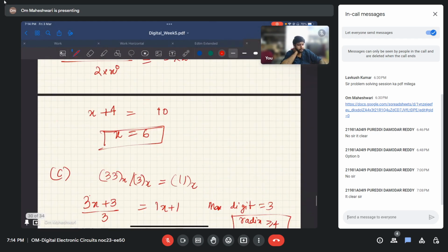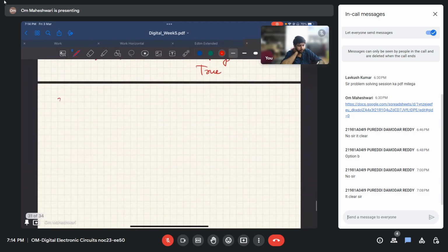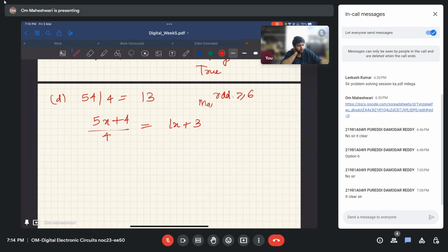Next part, 54 by 4 equals 13. So we have 5x plus 4 divided by 4 equals 1x plus 3. One more thing: the radix must be greater than or equal to 6 because the max digit is 5.